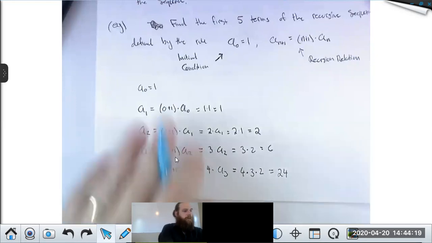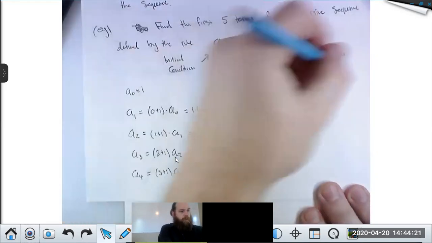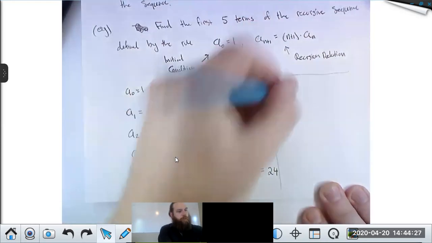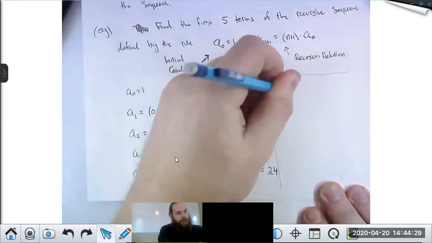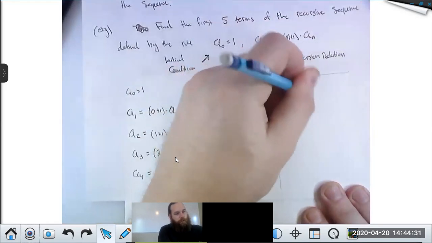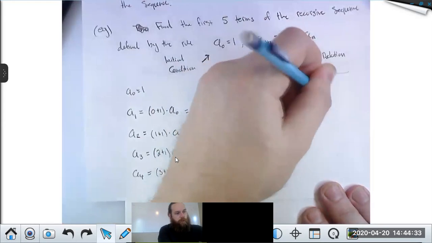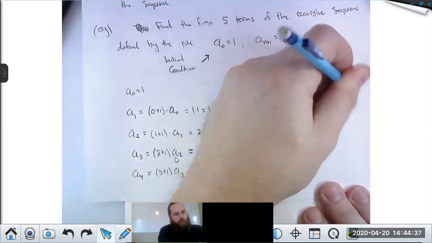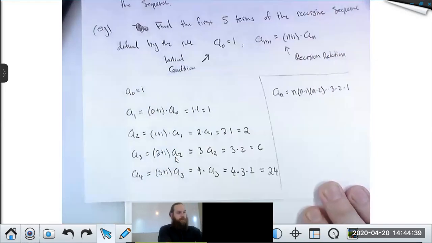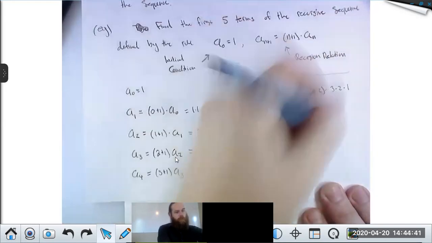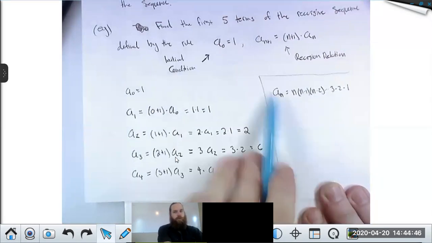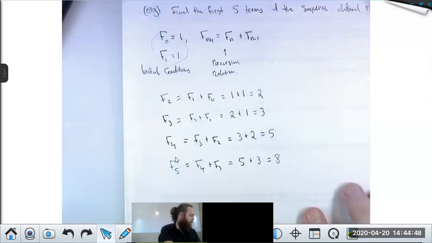Just by playing around with this, I've got 2 times 1, 3 times 2 times 1, 4 times 3 times 2 times 1. It turns out here that an is going to be n times n minus 1 times n minus 2 times all the way down to 3 times 2 times 1. So this is an example of a recursive sequence where you can solve explicitly to find a formula for an.